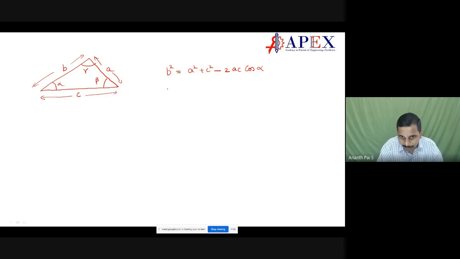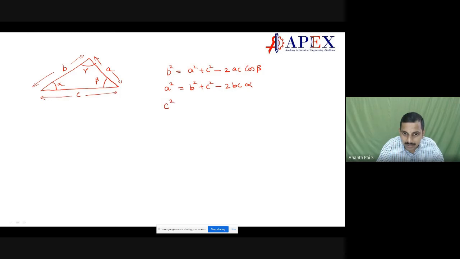Similarly, if you want A square, A square is equal to B square plus C square minus 2BC cos alpha. Sorry, I'm very sorry, students, there was a mistake earlier. B square has cos beta between A and C, and A square has cos alpha.